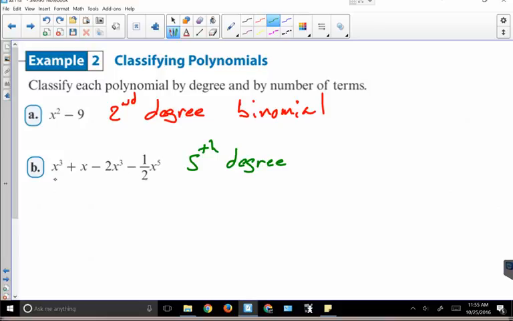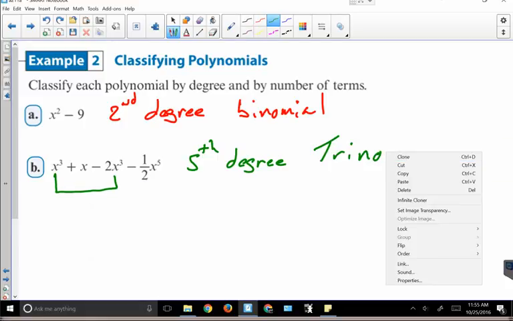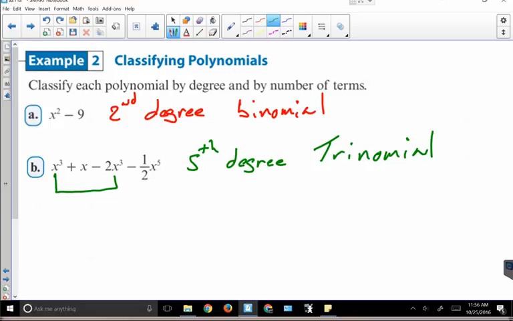However, is this and that the same stuff? They're like terms. So because those two are like terms, this is really going to be a trinomial. Okay? Because it would only have 3 terms because those two could be added together.